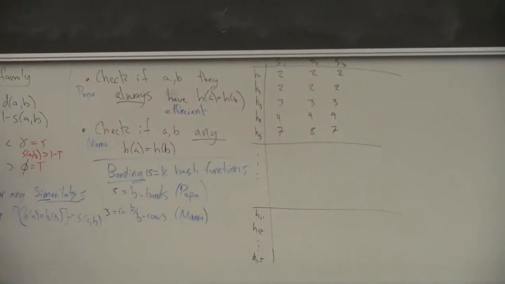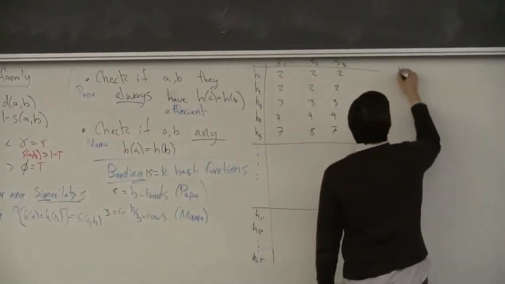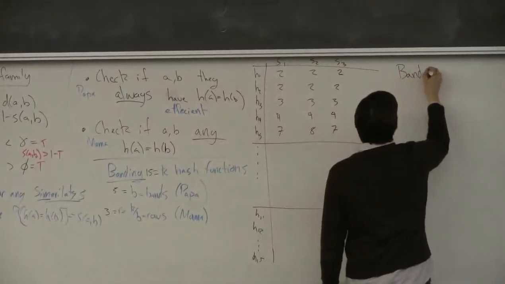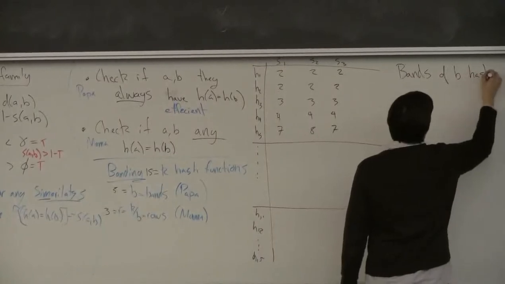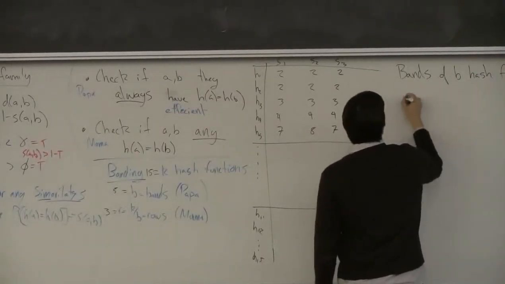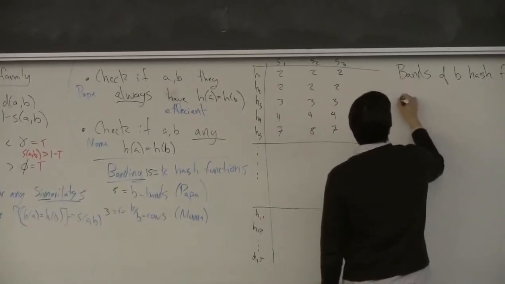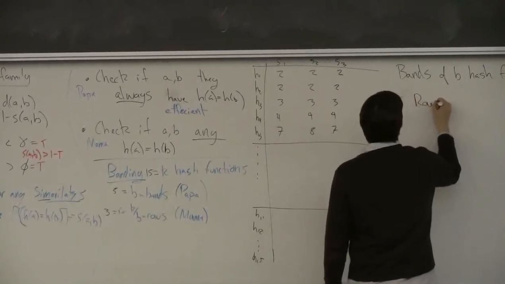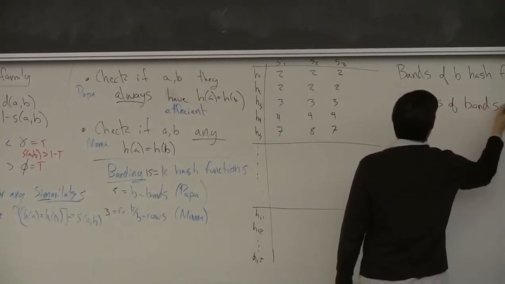Okay, so basically how this works is you have bands of B hash functions, and you're going to have R rows of bands.